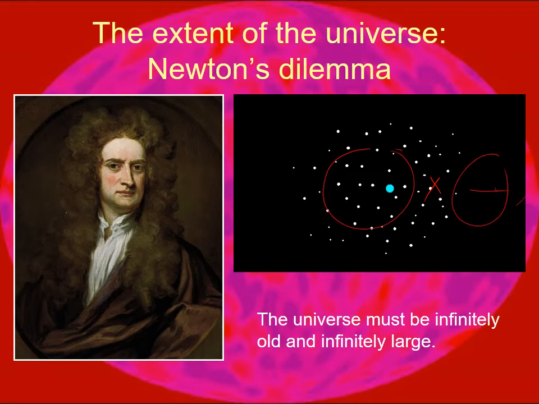Even if you're way on the edge here, there's got to be even more stuff even further over. So his idea was the universe has to be infinitely big. It would have to be infinitely old also, because it didn't make sense to be finite in size, since they were starting to realize that light travels at a certain speed.